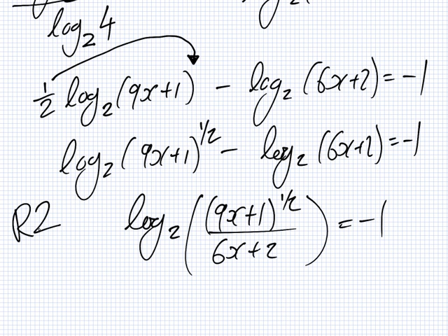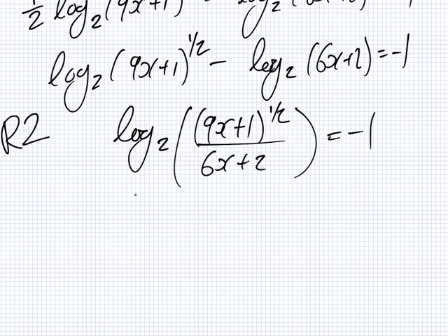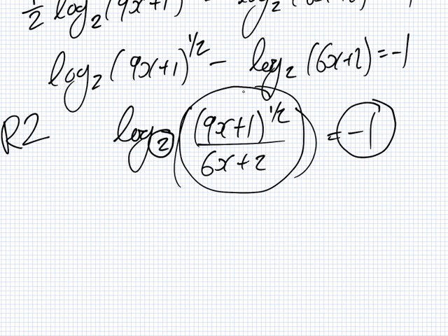Okay, now we just need to remember the definition of logs. If I can scroll down a little bit more. So remember what logs mean. They mean 2 to the power of minus 1 equals this. So 2 to the power of minus 1 equals all of this.